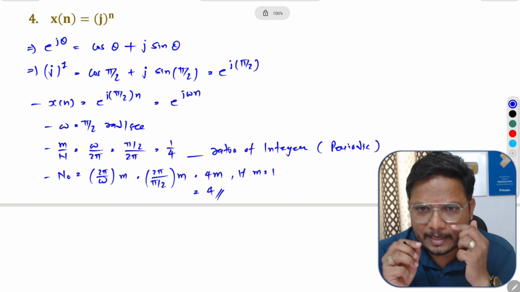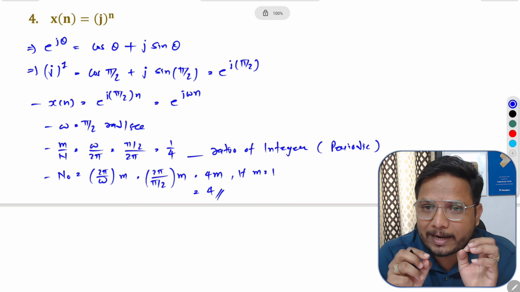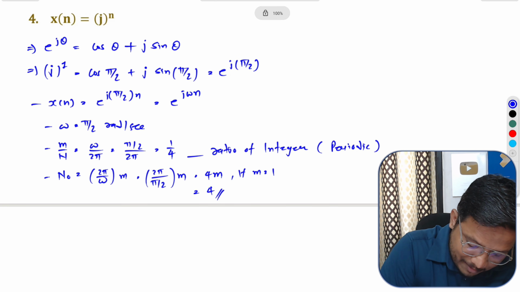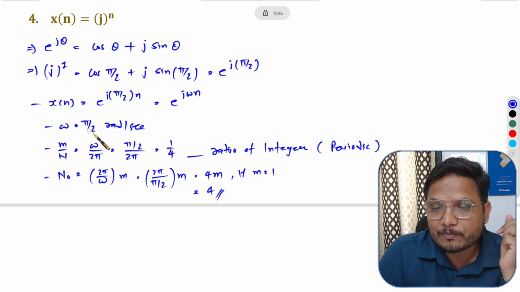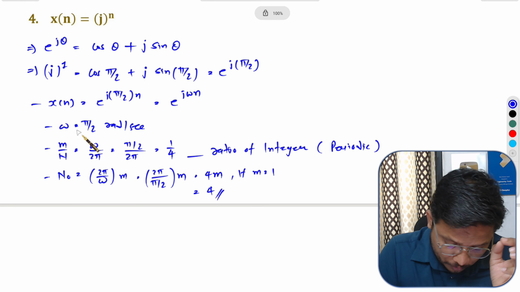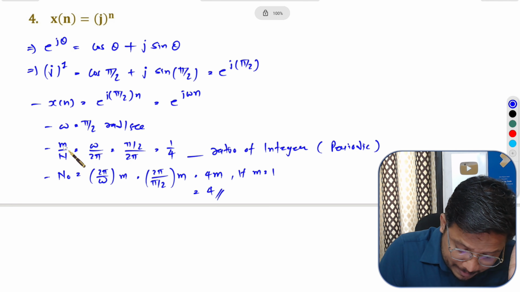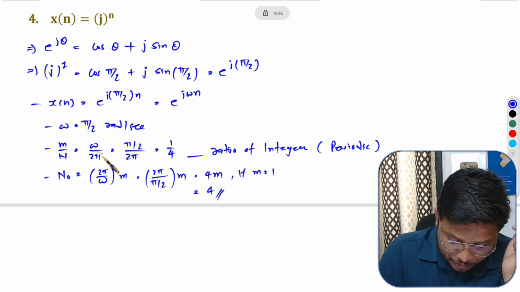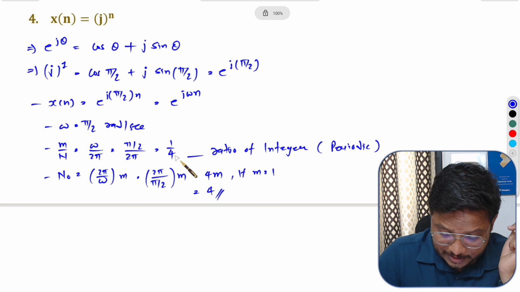So for periodicity, what you need to do? You need to identify the frequency. Like you see, here I have identified the frequency, that is pi by 2. Once you identify the frequency, you need to check small m by capital N, that is equal to omega by 2 pi. And this should be a ratio of integers.